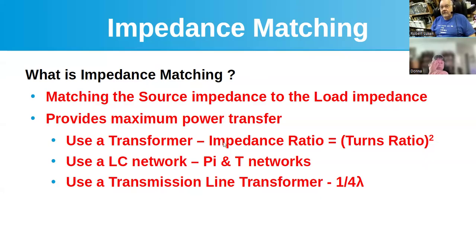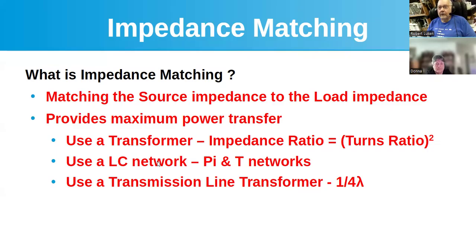And we have essentially three ways of doing matching. We can use a transformer. Again, this is one of these where we haven't covered impedance ratio with transformers. We will in the next group, where it turns out it's the square of the turns ratio as opposed to just the ratio.